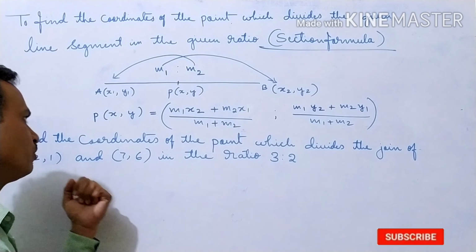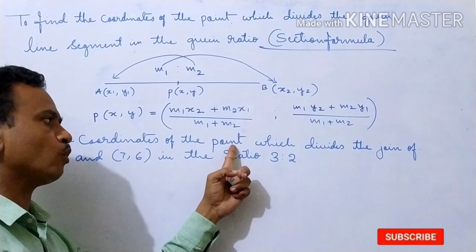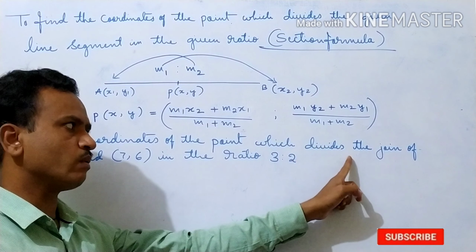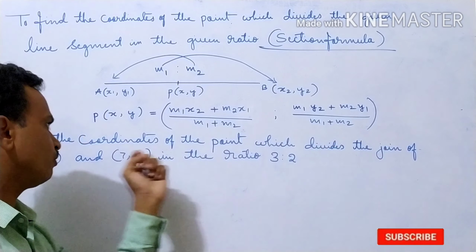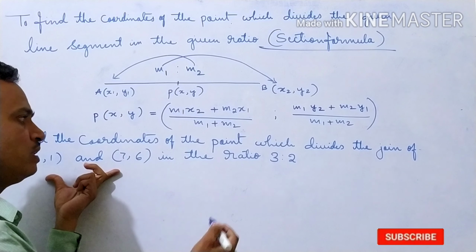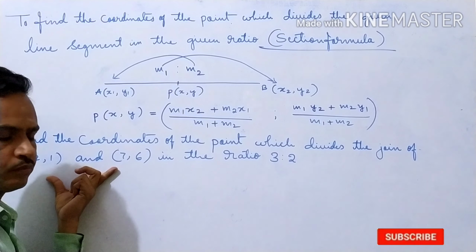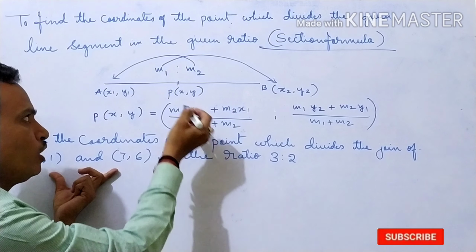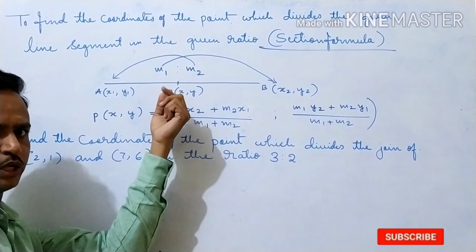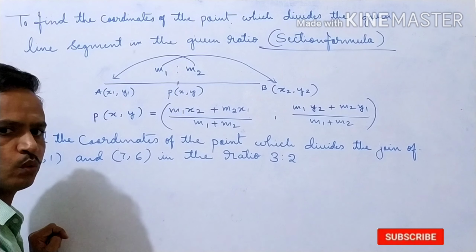When a question comes, what is the question here? You see, find the coordinates of the point which divides the join of these 2 points. That means these 2 points are nothing but point A and point B. Find the coordinates of the point means we should find the coordinates of the point P, in the ratio 3:2.